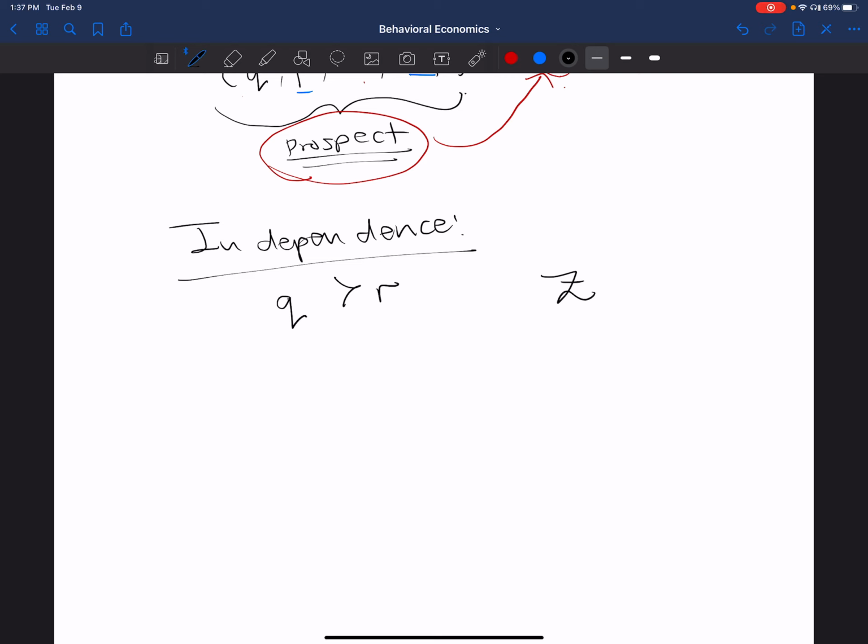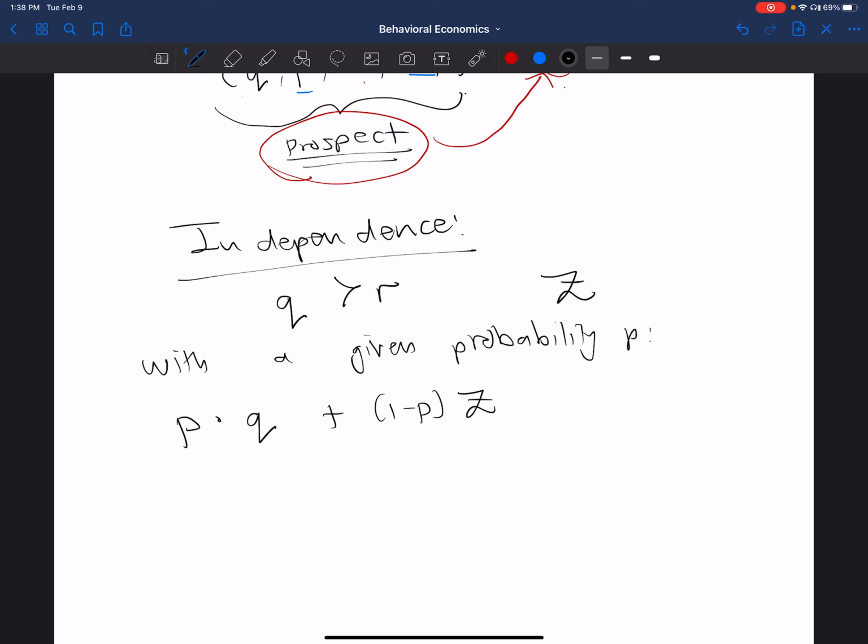Okay, so if Q is preferred to R, then with a given probability P, P times Q plus 1 minus P times Z must be preferred to P times R plus 1 minus P times Z. Okay, so what's going on here?